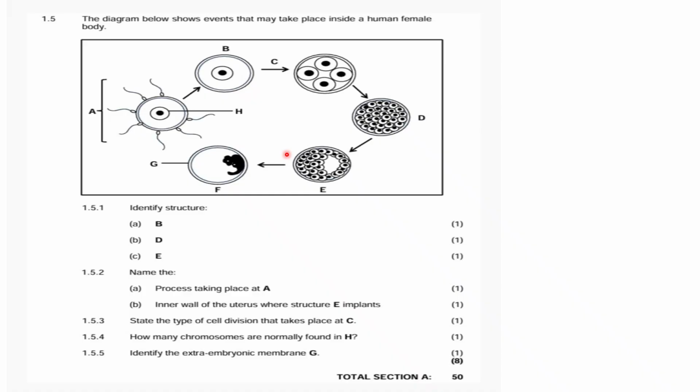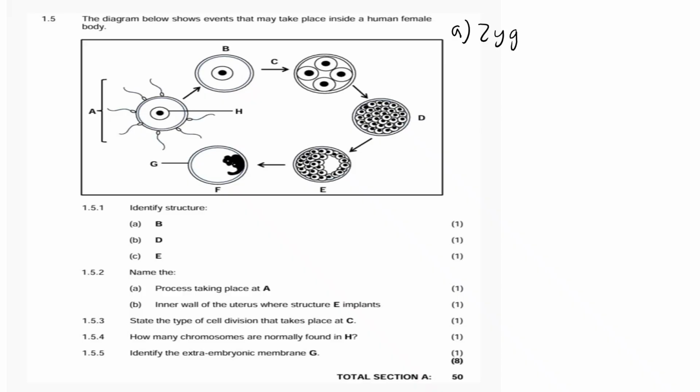Human reproduction. Now 1.5, the diagram below shows the events that may take place inside a human female body. 1.5.1, identify the structure A. The structure B is what we call a zygote.